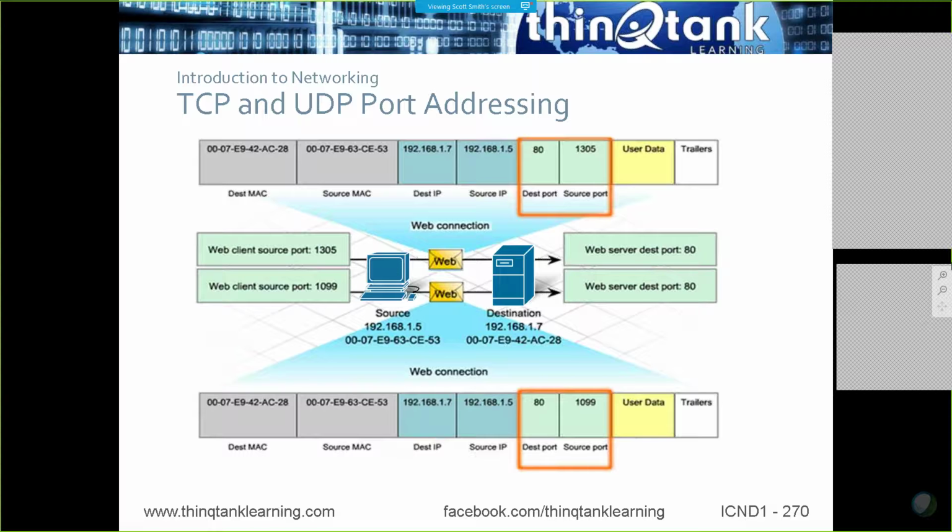Now, when the data is being sent back to the PC, that PC needs to have a way of identifying which application window that data goes to, right? I certainly cannot do that from the layer 2 or layer 3 information because the layer 2 and layer 3 information is identical. Even the destination port number is identical. The destination port in both cases is port 80.